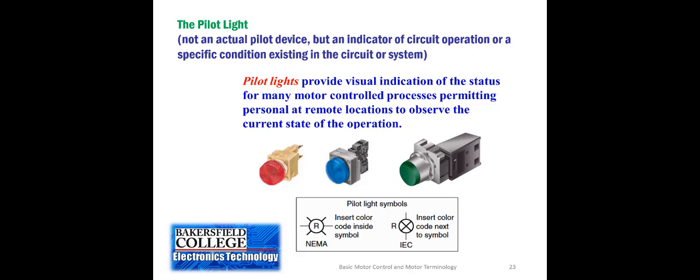Sometimes a green light means that the circuit is off and safe. Other times, a green light will mean that the circuit is on and functioning. So that's why there's usually a legend plate or some type of labeling above each pilot light so that you know exactly what it indicates.